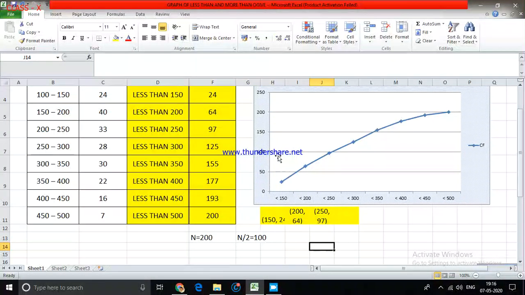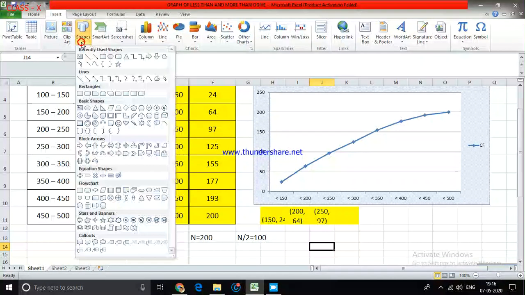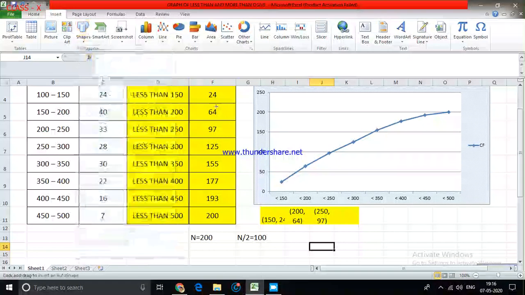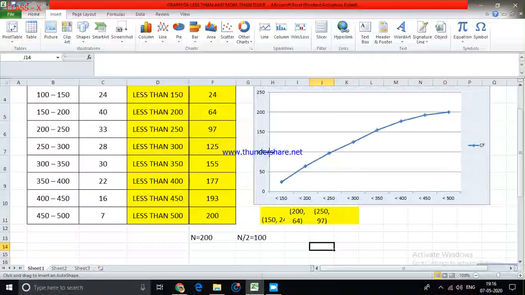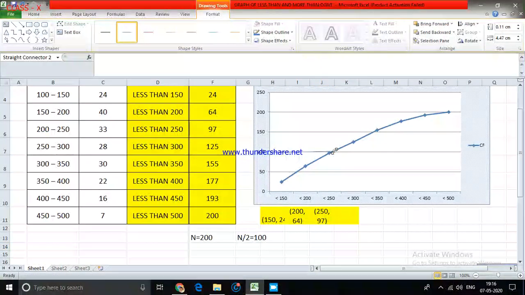If n by 2 is 100, so where is the 100 on the y-axis? Here it is, right? So let me take a straight line. So from 100, you have to draw a straight line till it intersects the graph. Okay. If you want, let me change the line color.